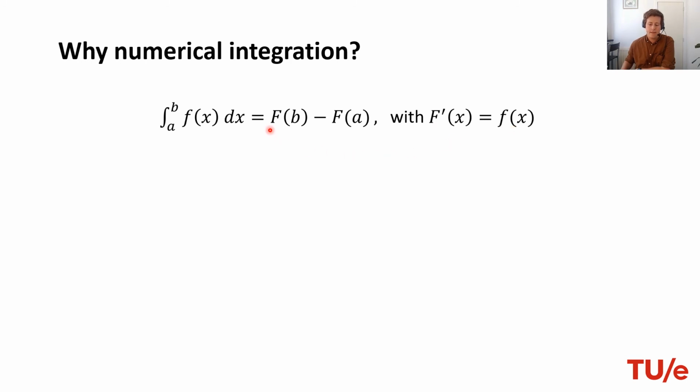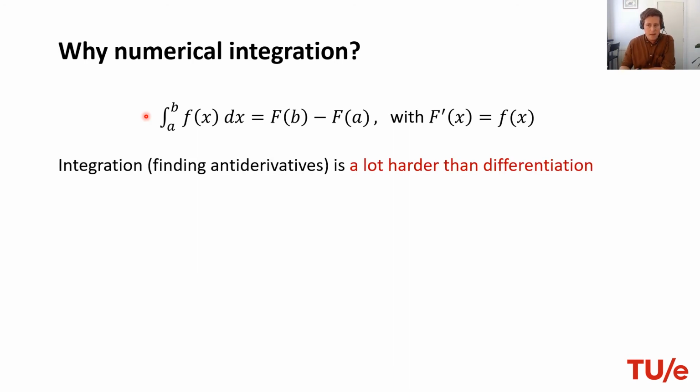And if we have this antiderivative, we can simply evaluate it at the endpoints, and that will be exactly equal to this definite integral over here. And that's the second theorem of calculus, the main theorem of calculus, the fundamental theorem of calculus.